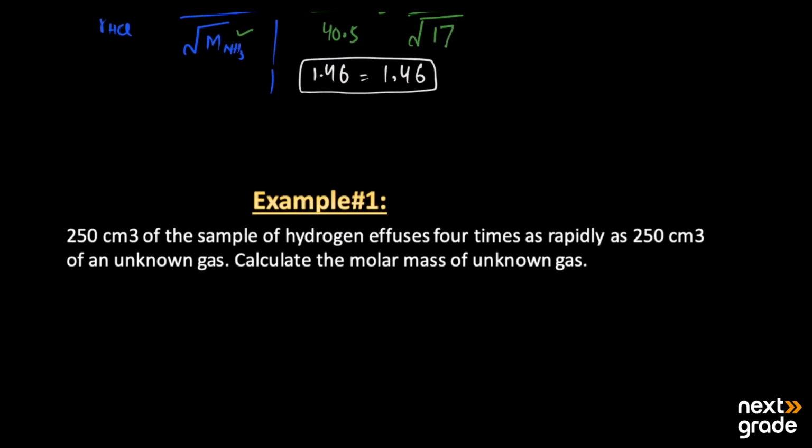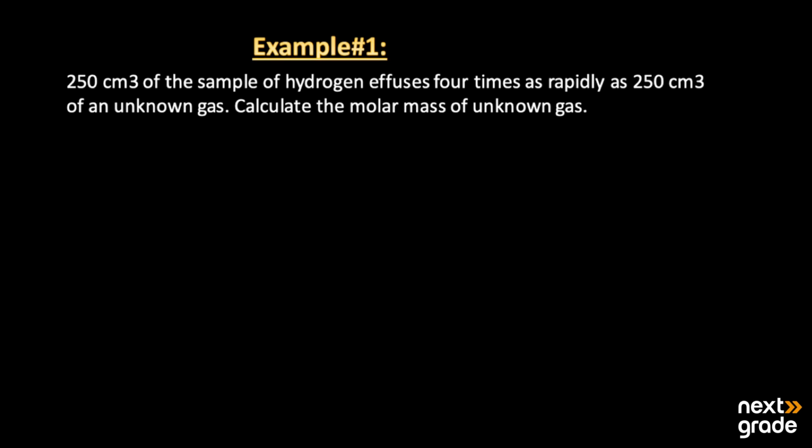Next, let's have an example for the calculation of the rate of diffusion. We have a 250 cm³ sample of hydrogen that diffuses 4 times as rapidly as 250 cm³ of an unknown gas. Now we have to calculate the molar mass of that unknown gas.